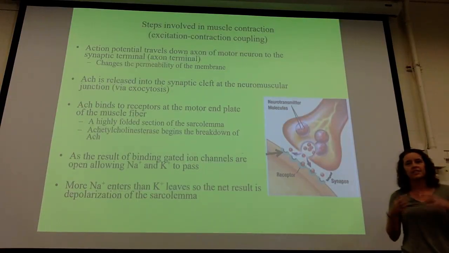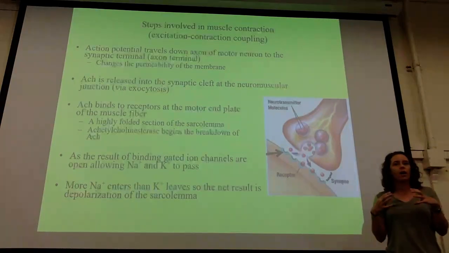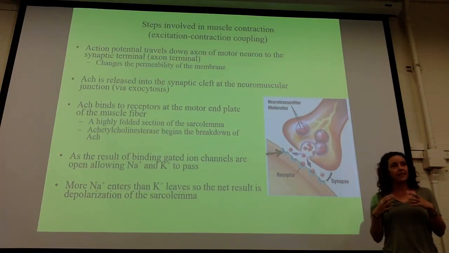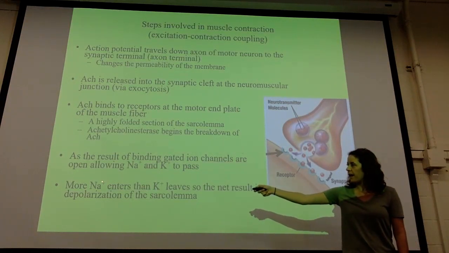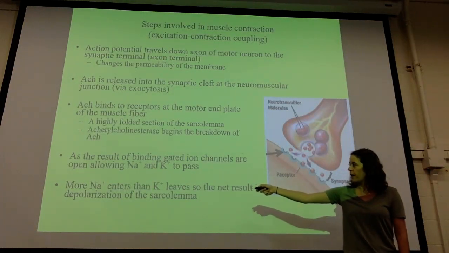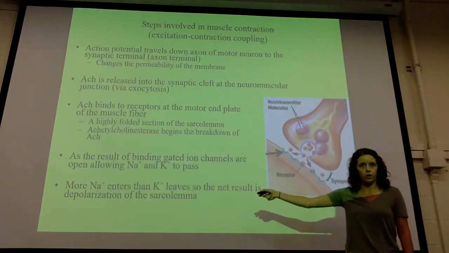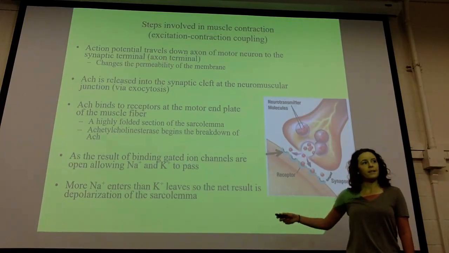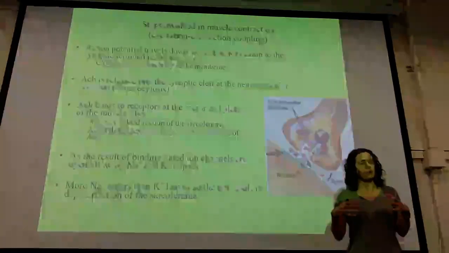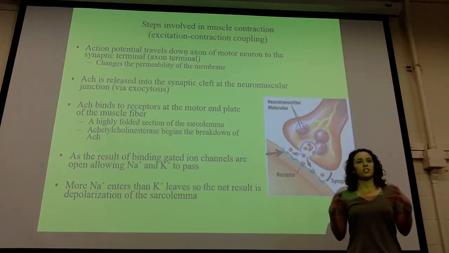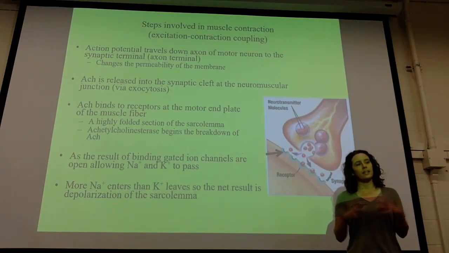Depolarization is the change of charge inside the cell. So notice that sodium has a positive charge and potassium has a positive charge also. Because these ions are moving around, and a lot of them are moving around all at the same time, that changes the electrical charge inside the muscle fiber.